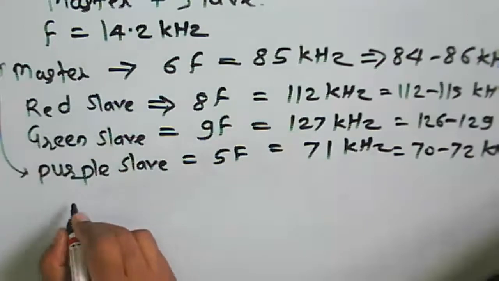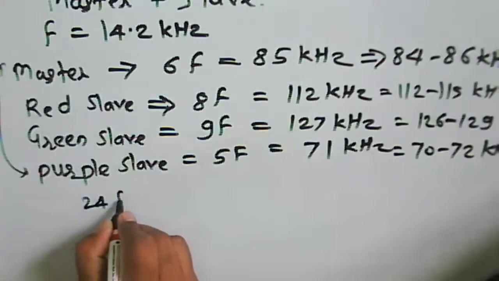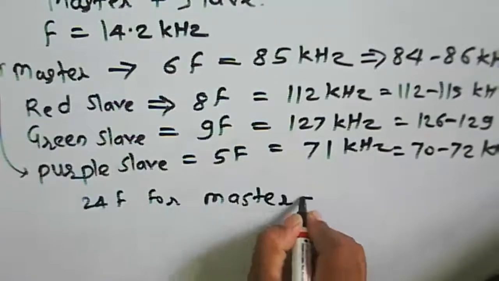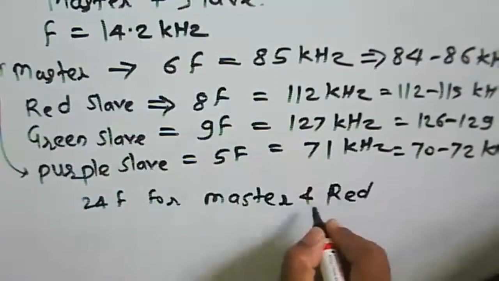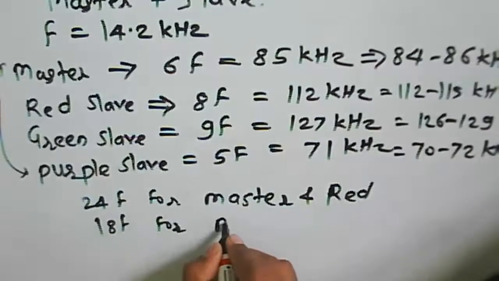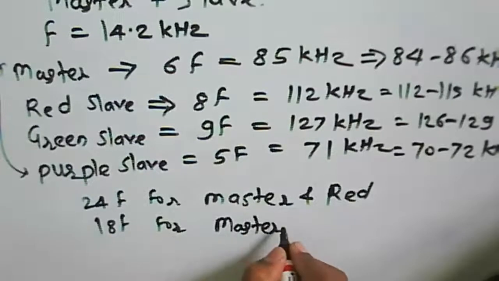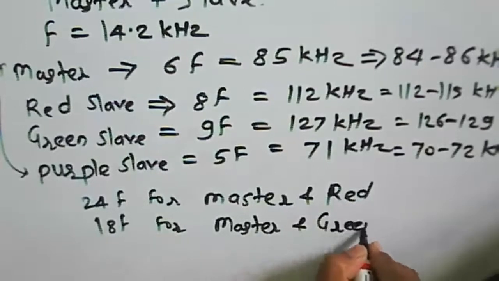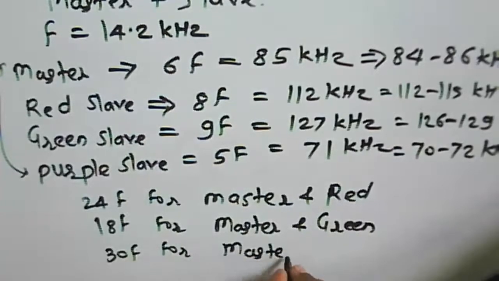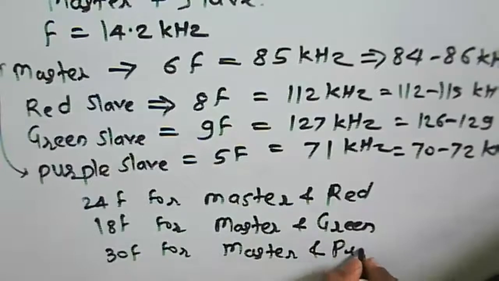If you compare here, they are getting 24F for the master and red, then 18F for the master and green, then 30F for the master and purple. So that's about the multiplier.